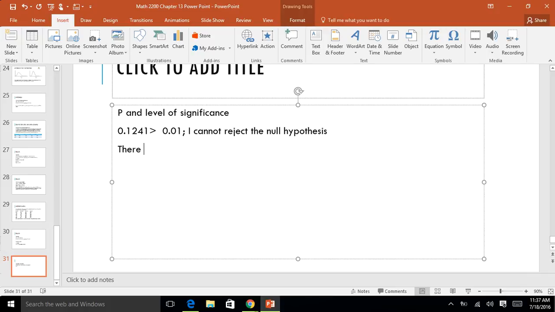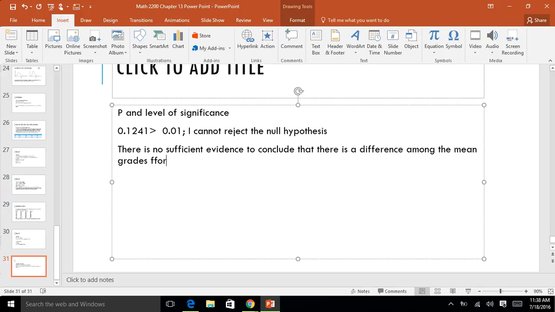I'm going to say there is not sufficient evidence to conclude that there is a difference among the mean grades for the sororities. So what did I find out? I found out that none of the grades are really that different based on sororities. And that's how you do another example.